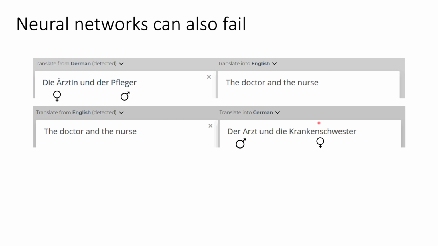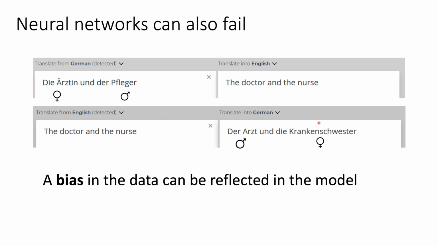and it's something that is reflective of the training data that was used. And therefore, this is a bias in our data that can be reflected in the model. And this is something you should be aware of, because if you don't want to reinforce stereotypes, you might want to address this.